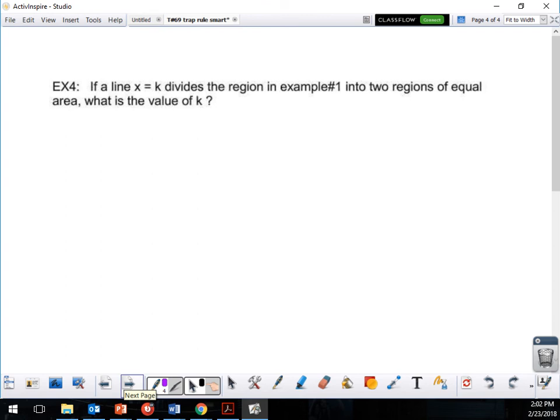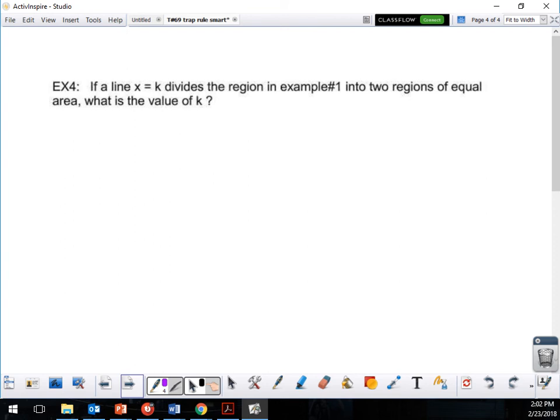If a line x equals k divides the region in example 1 into two regions of equal area, what would the value of k be? Think of it like this.